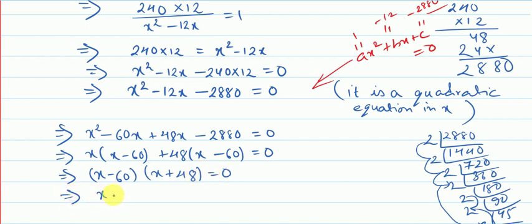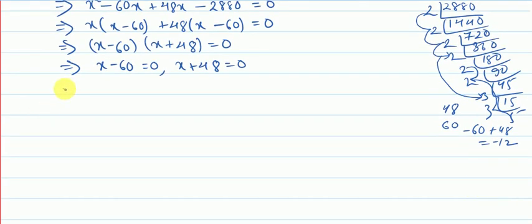Then x minus 60 is 0, x plus 48 is equal to 0. So we got x is equal to 60 and x equal to minus 48. But x was considered to be speed, and speed cannot be negative.